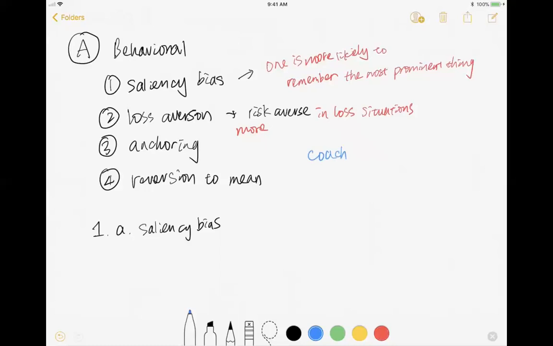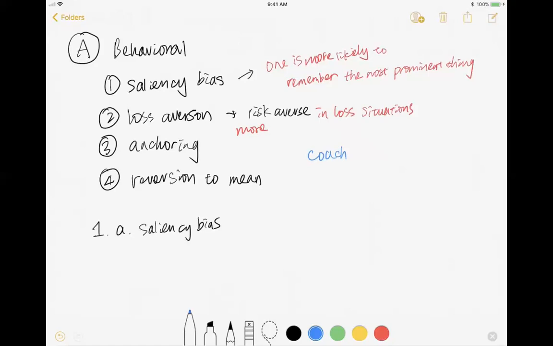And then if you keep moving around in the store, and you find something much cheaper than the product they showed you in the first place, you find the price is really acceptable. So this is anchoring, because the company has anchored a price in your mind. So this is an anchoring bias.